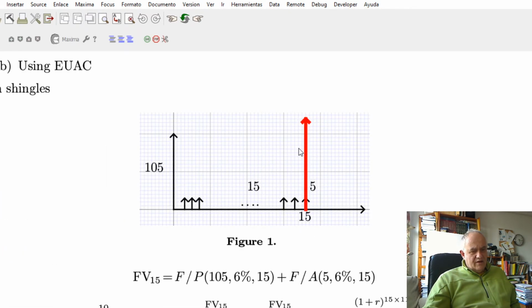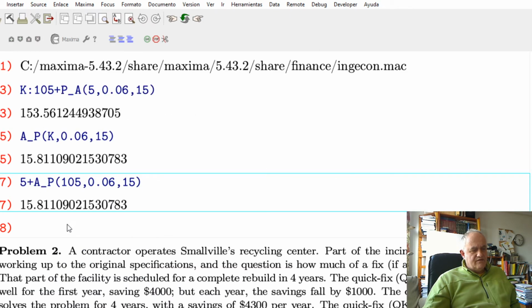The equivalent annuity to this will be 15.81. And charging annually this 15.81 forever will represent this alternative.